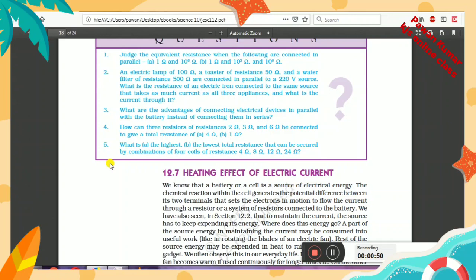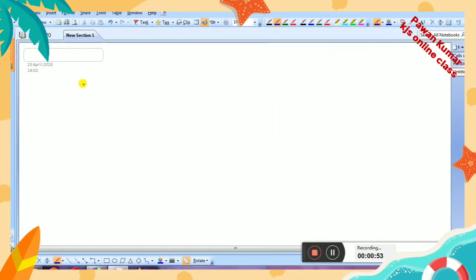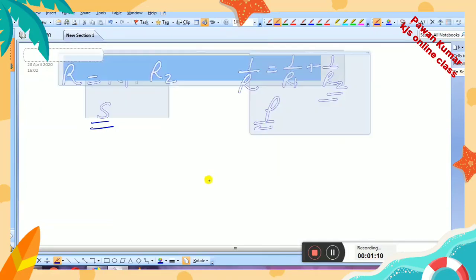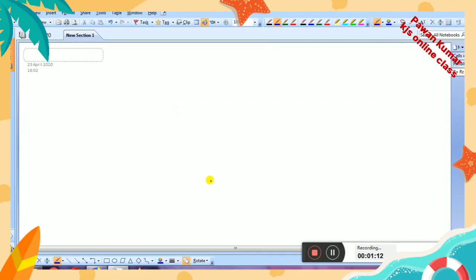So it will be R equals R1 plus R2 for series, and for parallel, 1 upon R equals 1 upon R1 plus 1 upon R2. These things we studied in the last video.